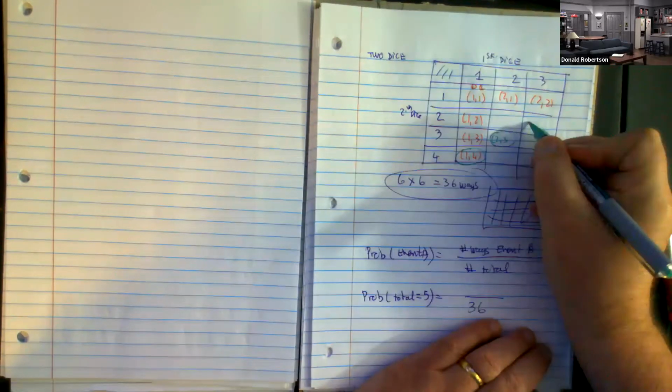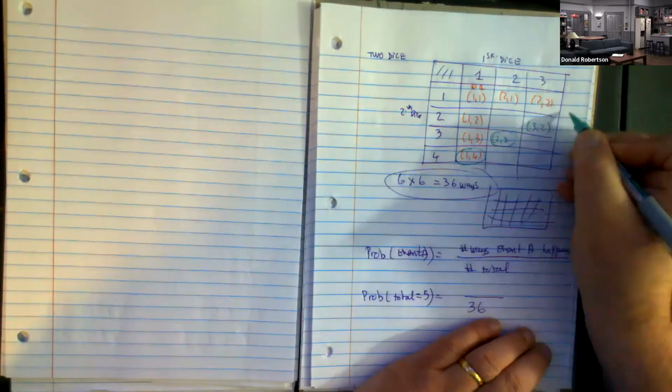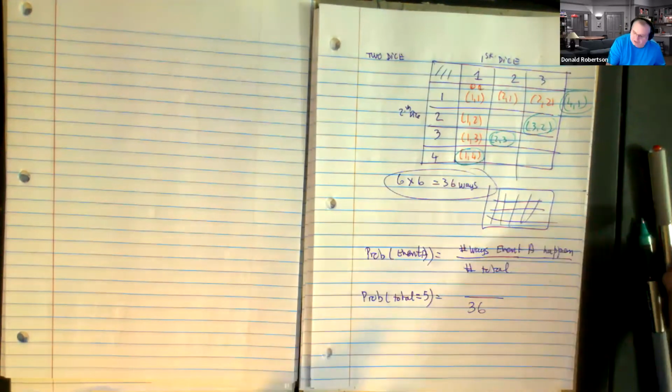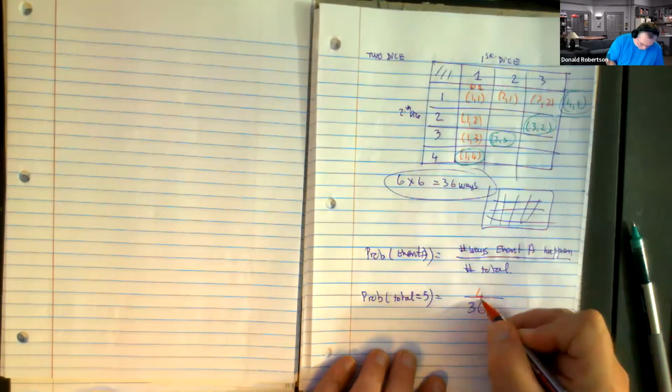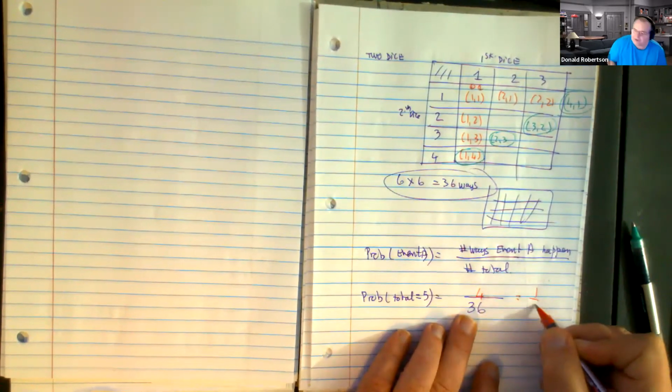This one here would add up to 5. And if I put one right up here, wouldn't that one also be adding up to 5? In fact, isn't there only 4 different ways in which dice could add up to 5? So the probability that you get a total of 5 is 1/9.